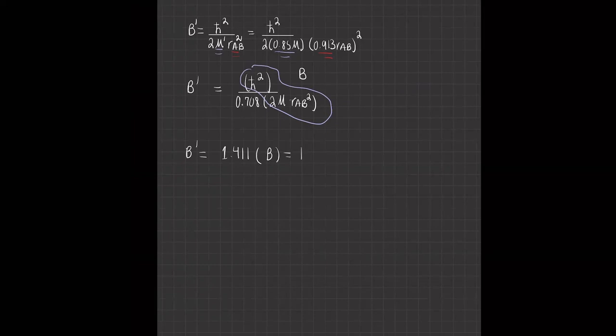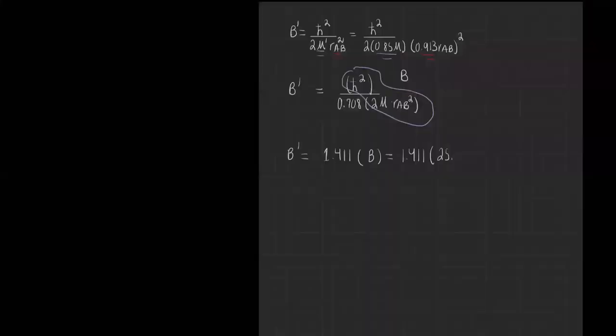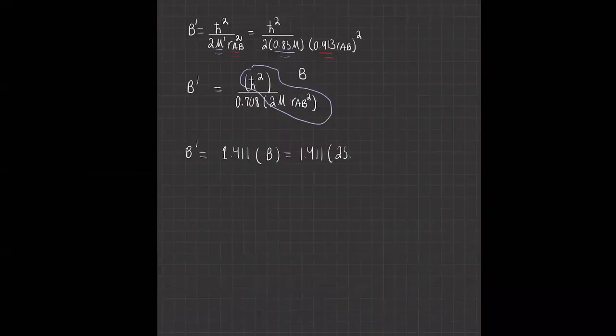And this is just going to be equal to 1.411 times 25.5263 cm^-1. It's just 36.0269. And that's the new rotational constant. Does anyone have any questions about this?